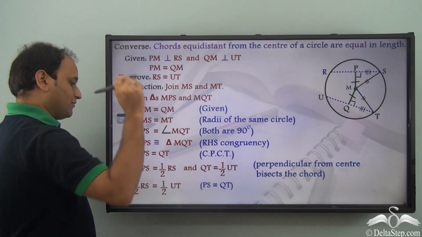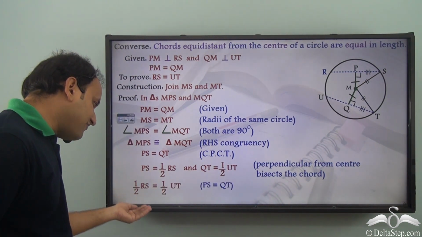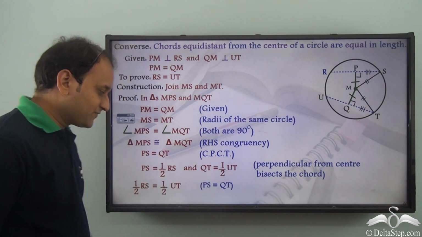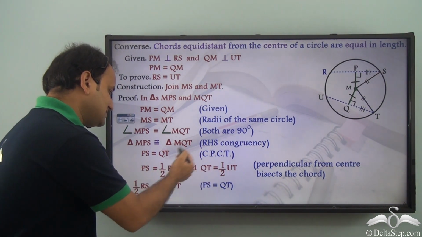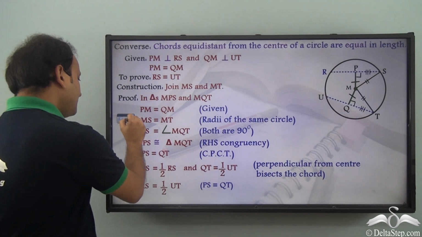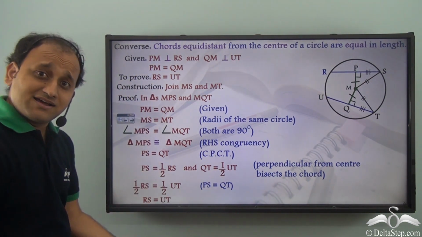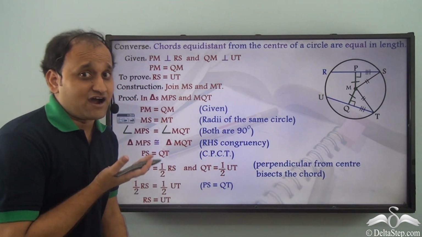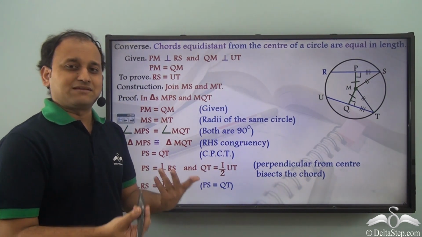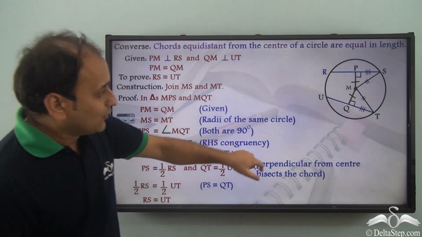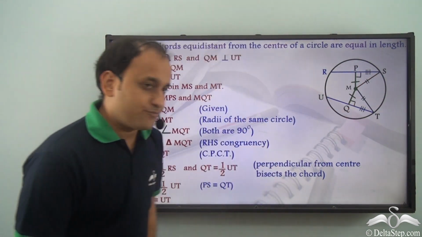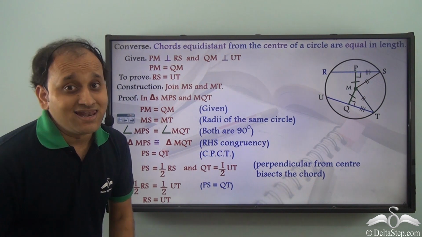So, from this we can infer that half RS is equal to half UT because PS and QT are the same. So, even these will be equal. Or we can say that RS is equal to UT, isn't it? If half RS is equal to half UT, that means that RS is equal to UT. So, both these chords are proved equal in length.